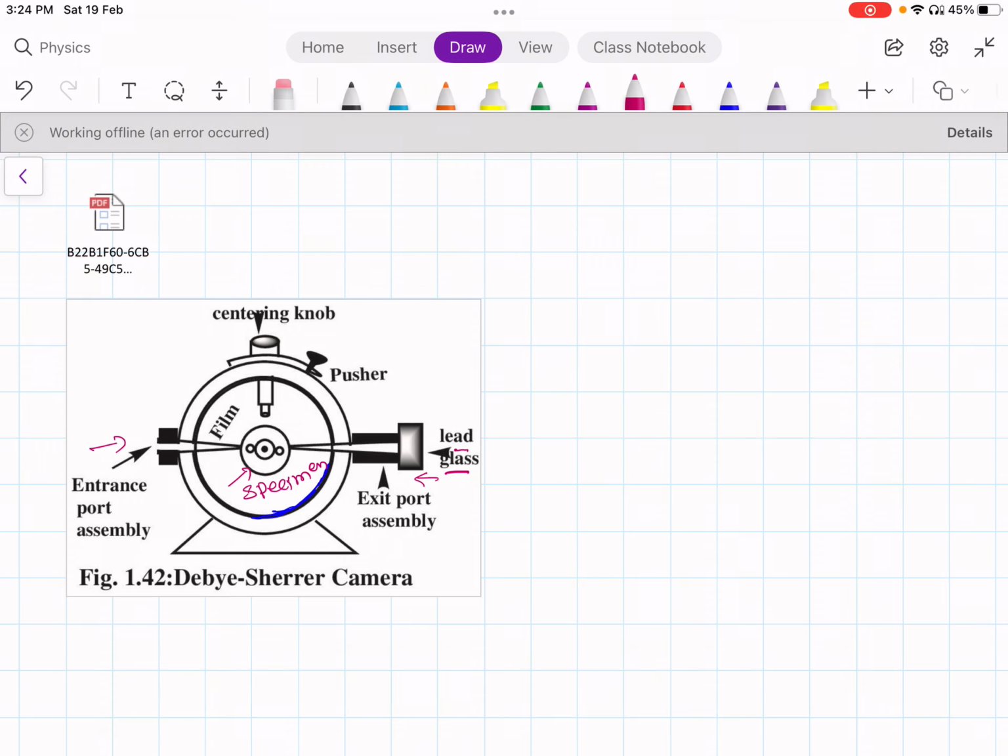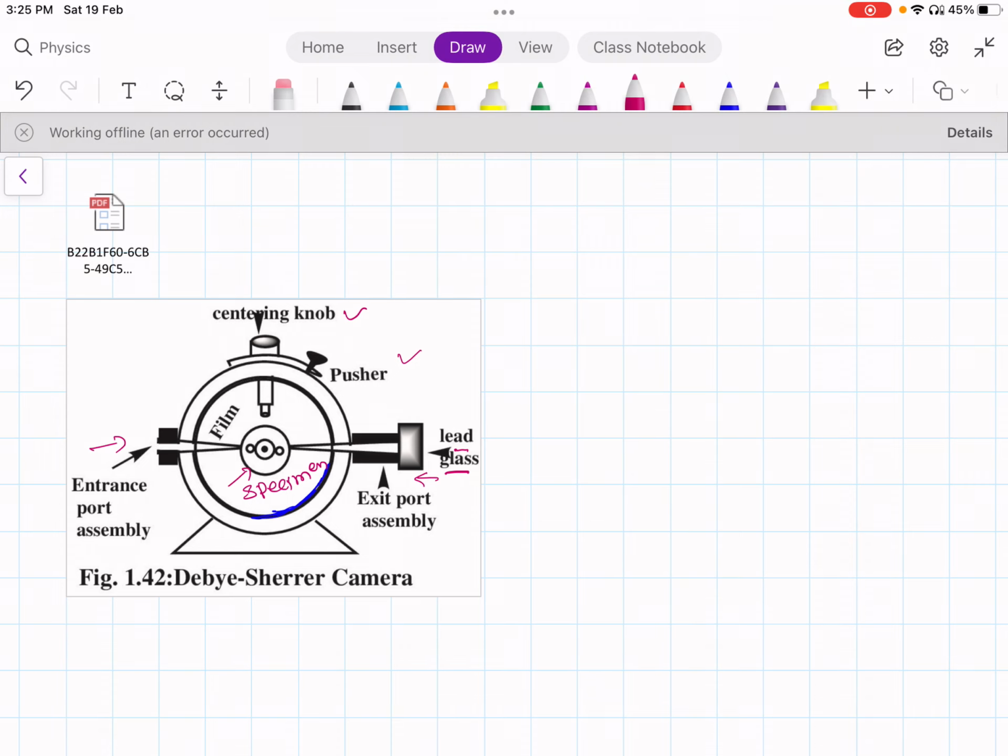To bring the specimen exactly on the axis, there are two knobs over here, a centering knob and a pusher. Using these two knobs, the specimen is brought exactly on the axis of the cylinder.